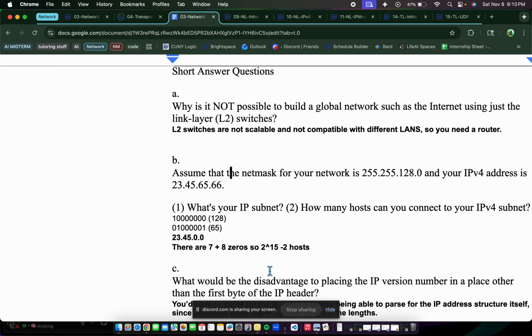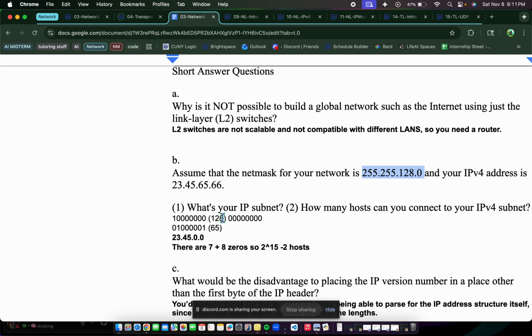So there are going to be 7 bits in the third octet, or third byte, whatever you want to call it. And this last byte is going to have another 8 zeros. This is what the last 2 bytes of our net mask look like.